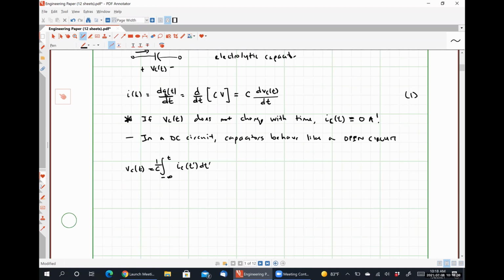I want to be clear, this t' here is a dummy variable for time, so it does not indicate a derivative at all.